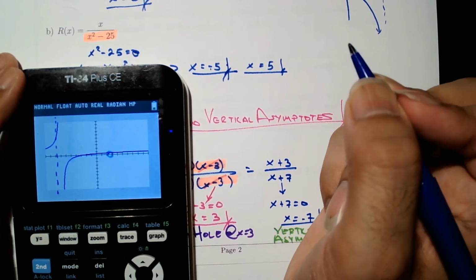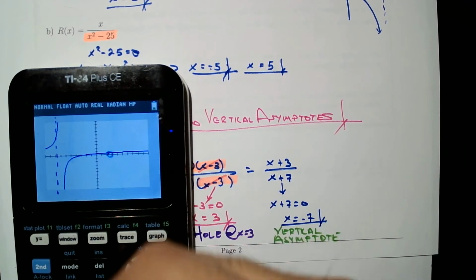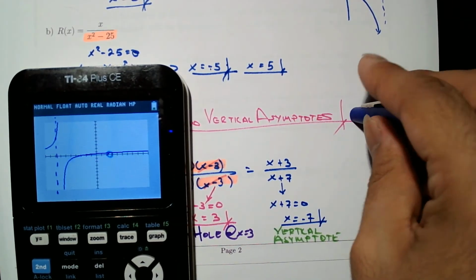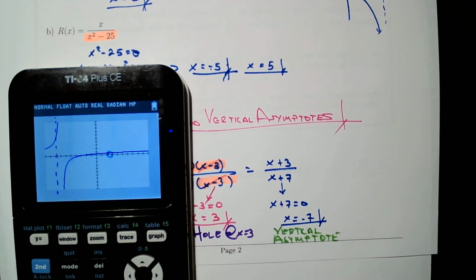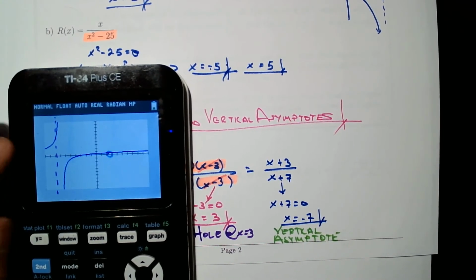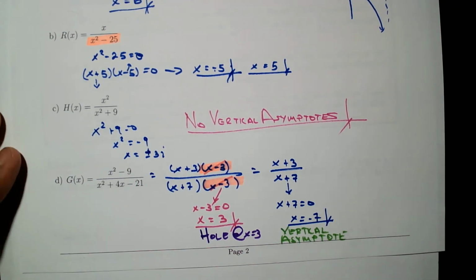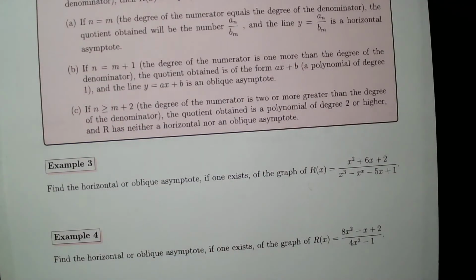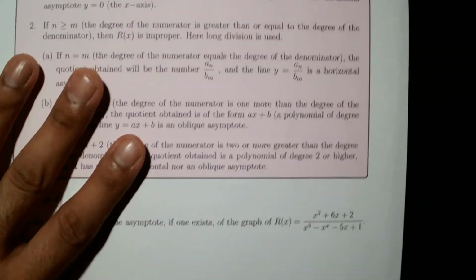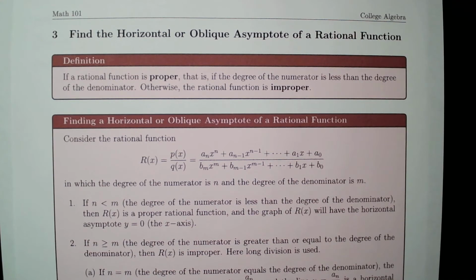So that's how the graph should have looked if the graphing calculator were a really nice device to show you everything. We're going to have more like this when we get to the later section in which we are going to look at graphing rational functions.